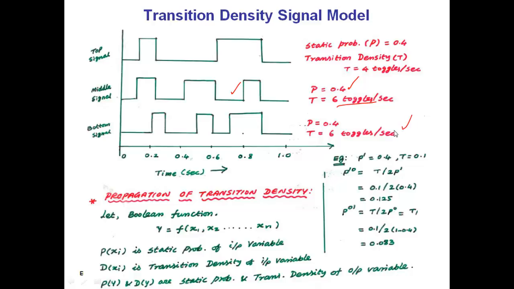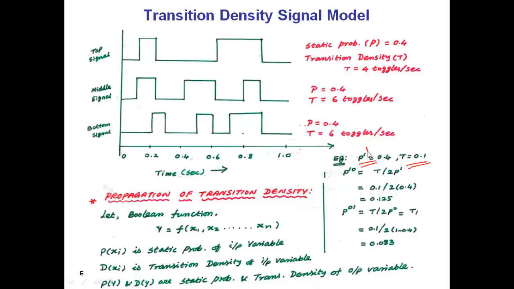For example, I will take another case where the transition density is given as 0.1 and the probability P1 is 0.4. In such a case, I want to measure how much would be P1 to 0.